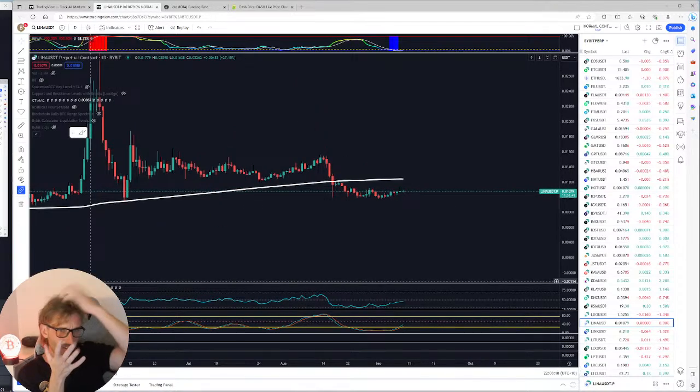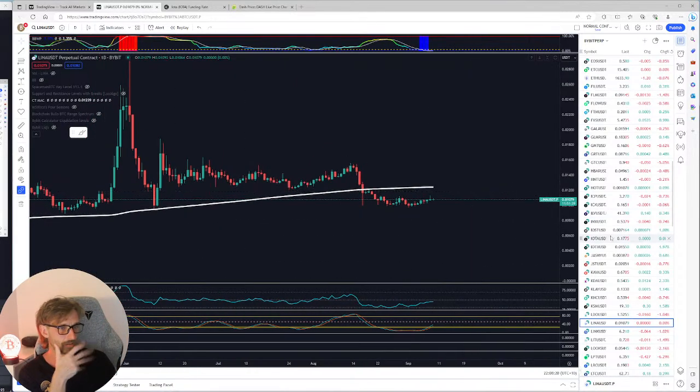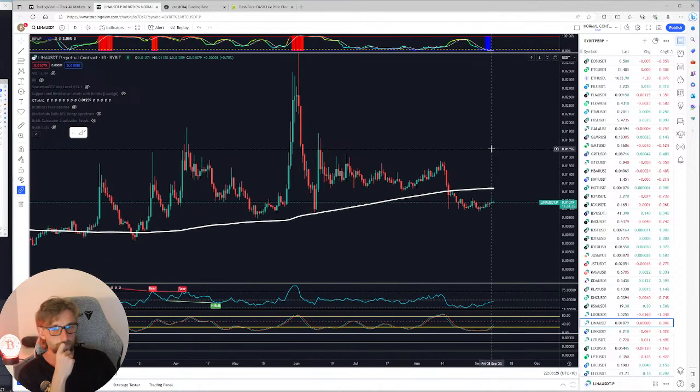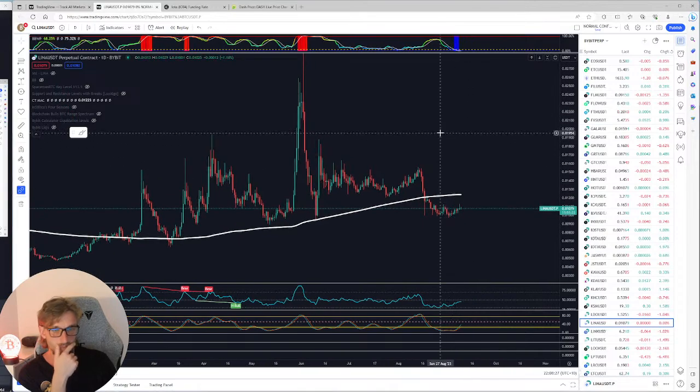The more I look at this though, the more I'm like, am I looking for longs? You know what I mean? Market could definitely pump. If this was still above, if this was like here, I'd be in for a long most likely.